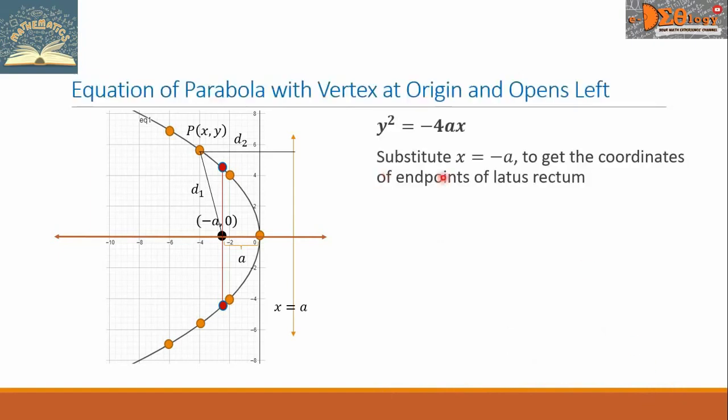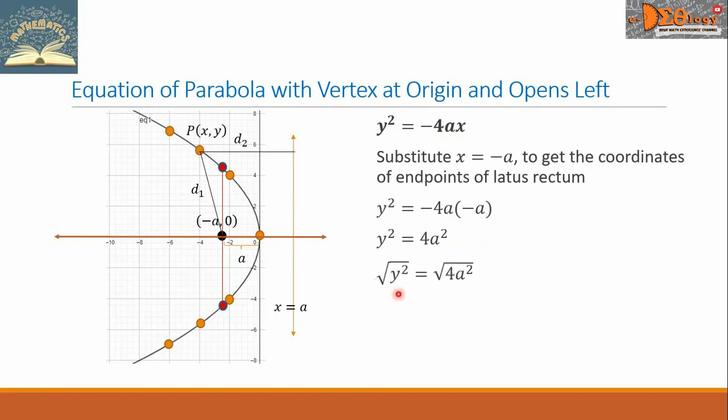Now let us substitute x equals negative a to get the coordinates of the endpoints of the latus rectum. So y squared equals negative 4ax becomes y squared equals negative 4a times x, and the x now becomes negative a. Negative times negative becomes positive, and a times a is a squared. So we have y squared equals positive 4a squared. Let us take the square root of both sides.